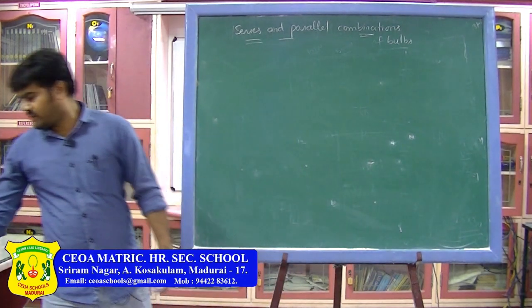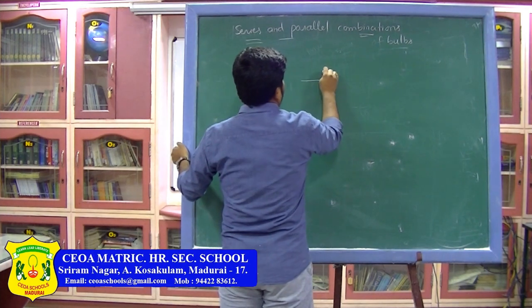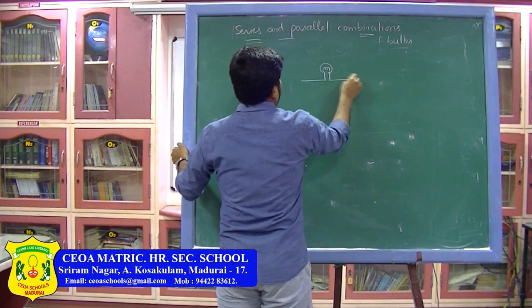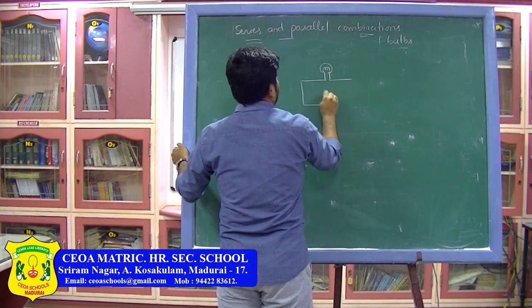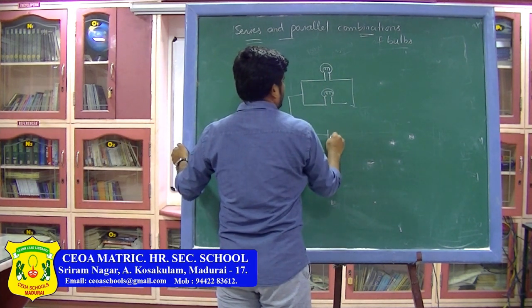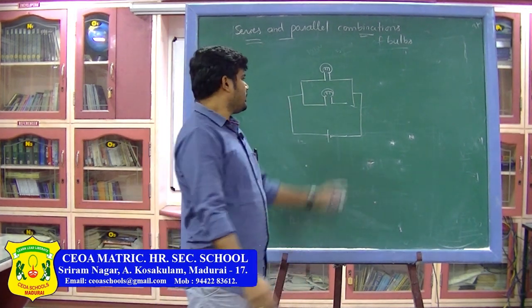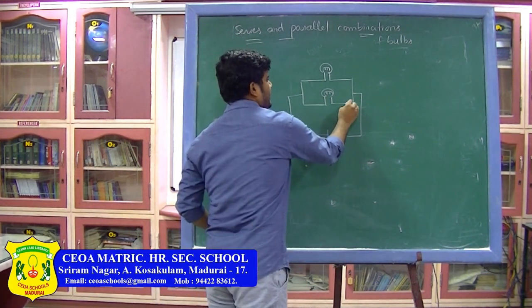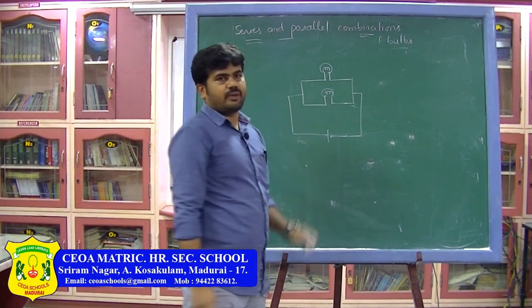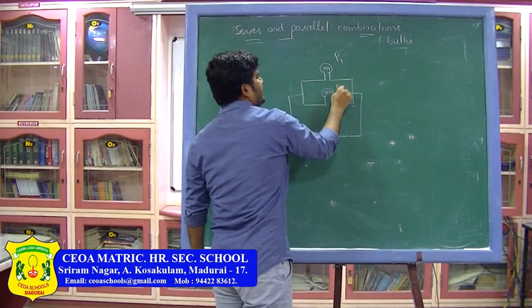So, parallel combination of bulbs: two bulbs, say of wattages P1 and P2, are connected like this across a potential, say V volts. We know in parallel combination the potential drop across each element in the circuit remains the same, but the currents will be different. So let the wattages be P1 and P2.